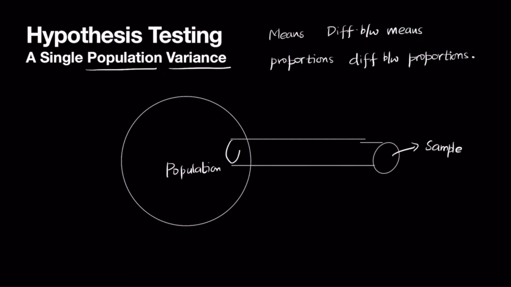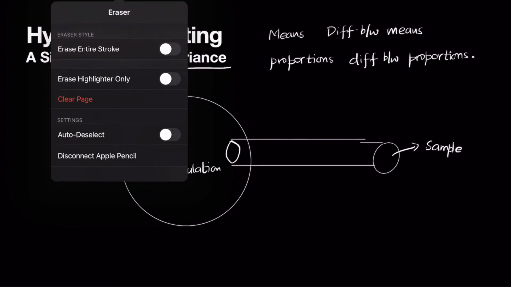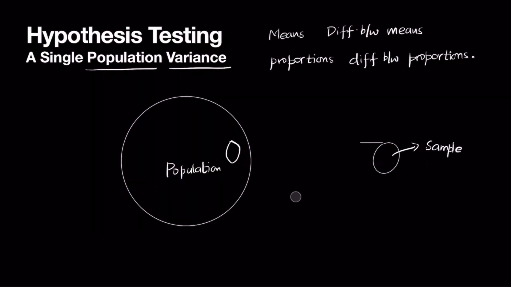So we only take a small chunk of it. Which basically means that when we take this small chunk, what we are trying to understand is whether the sample has the same variance as that of the population.